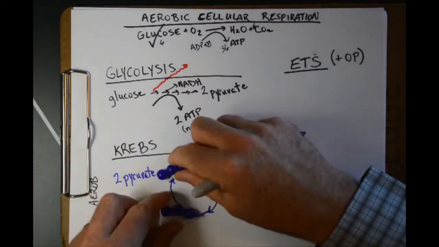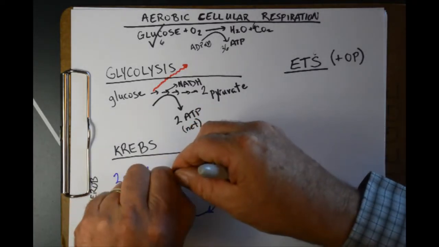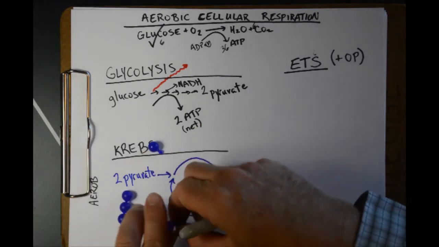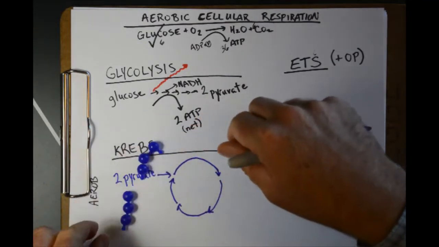During this time, during this acetyl-CoA conversion, one of those carbons is given off, and as this other one makes it around, they're chopped up as well.